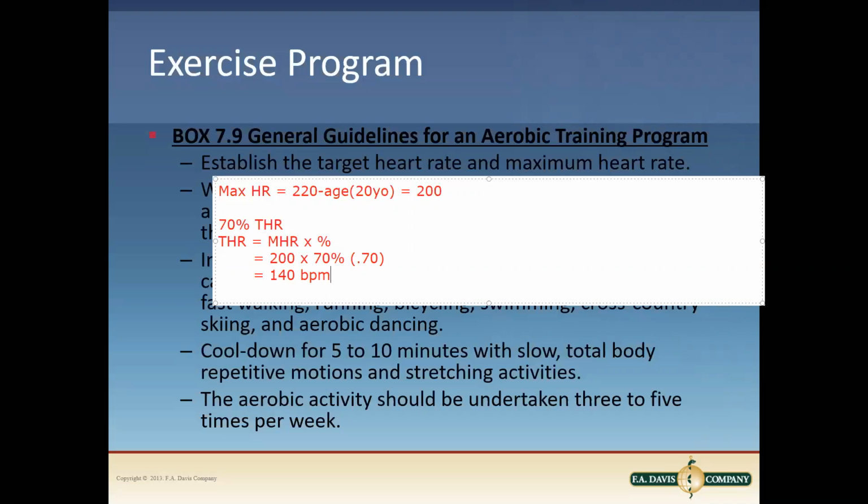Now, when they say max heart rate, does that mean if my max heart rate is 200 and I get my heart rate up to 201, I'm going to die? No, that's not what it means, right? Because let's think about this for a second.